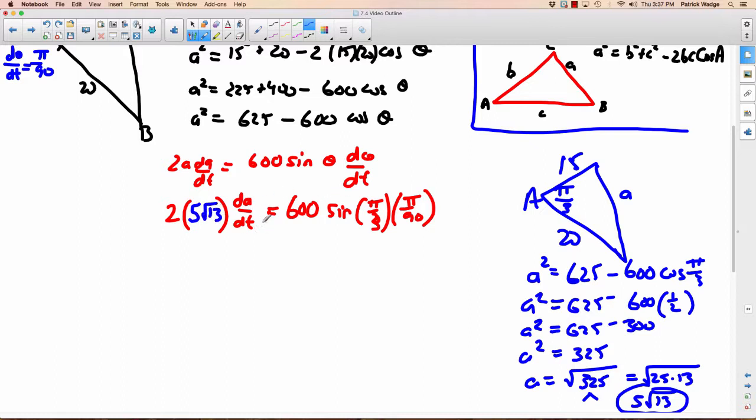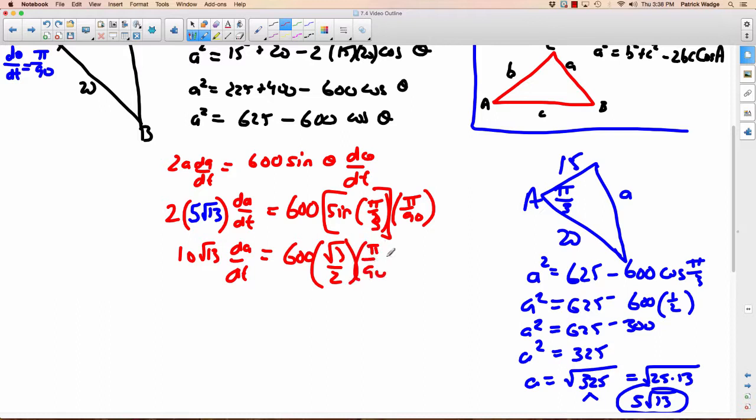And now what we have to do is isolate this dA/dt, and we'll be done. So 2 times 5 root 13 is 10 root 13 dA/dt equals 600. Now sine pi over 3, that's 60 degrees, and sine 60 is root 3 over 2. I'm going to multiply that by pi over 90.